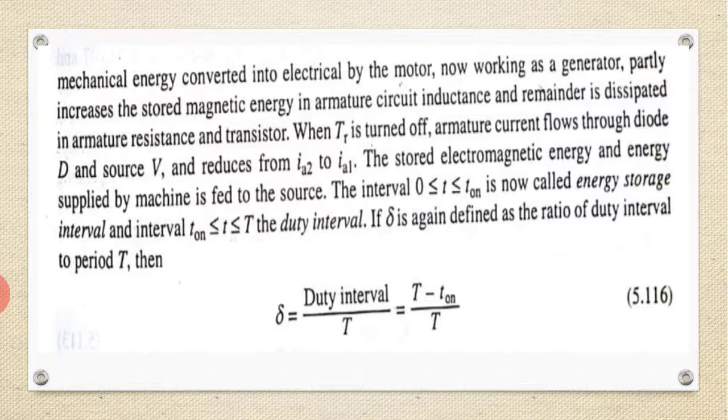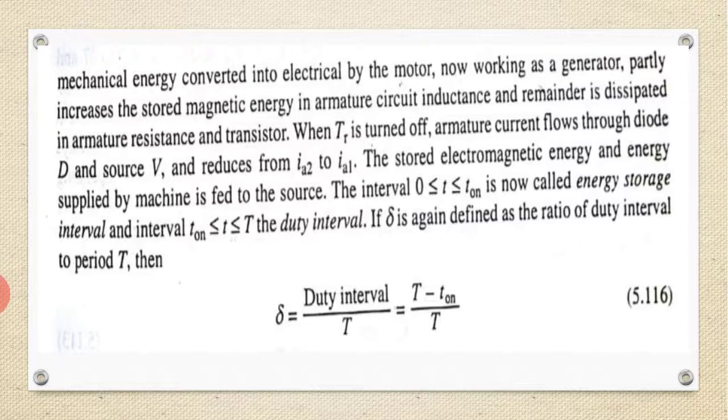The interval 0 to t on is called the energy storage interval, and the interval between t on and t is the duty interval. The duty interval is where the energy is fed back to the supply, hence it is called the duty interval. The other interval is called the energy storage interval.